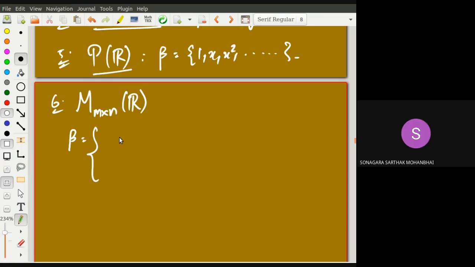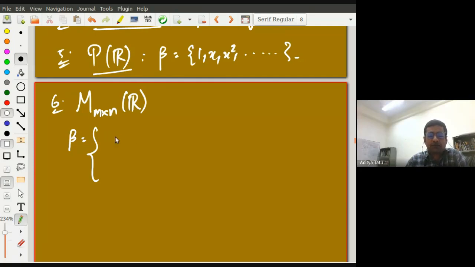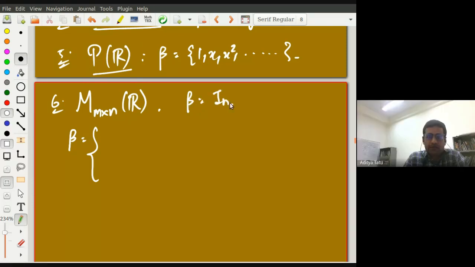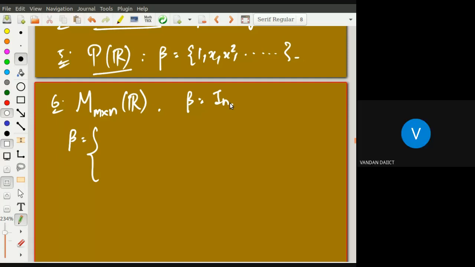Identity matrix of m cross n. It's only one. Yes, sir, it will have m times n bases. Which ones? Can you think of an example of a basis? At every position, we will put one, and everywhere else we will put zero.